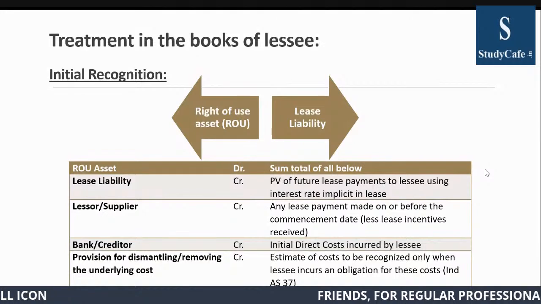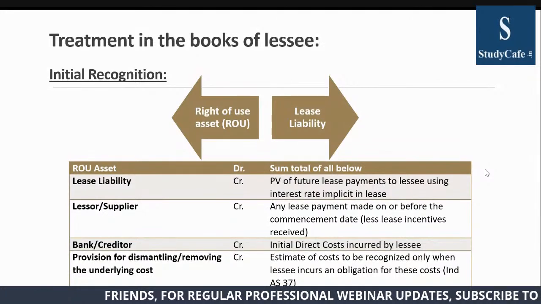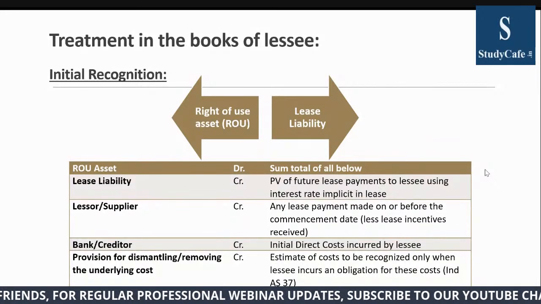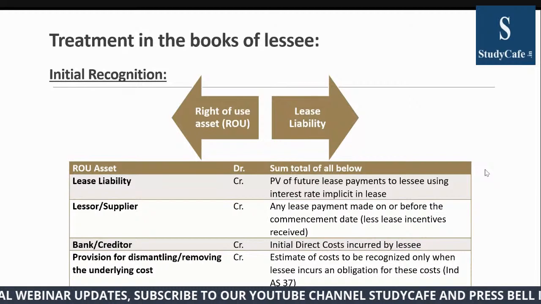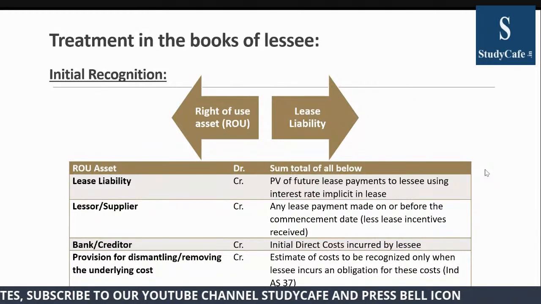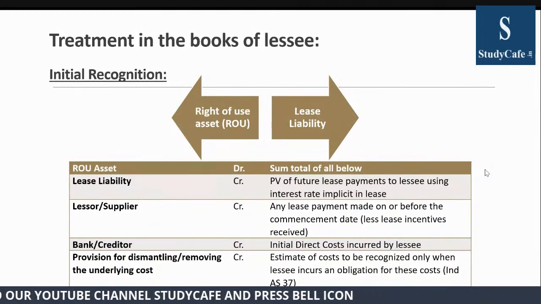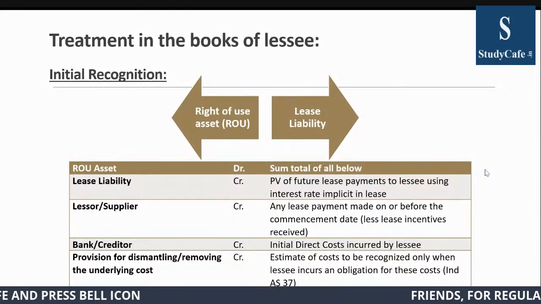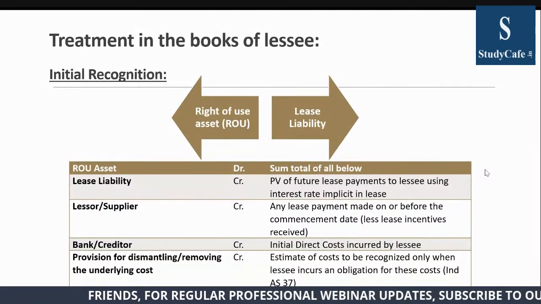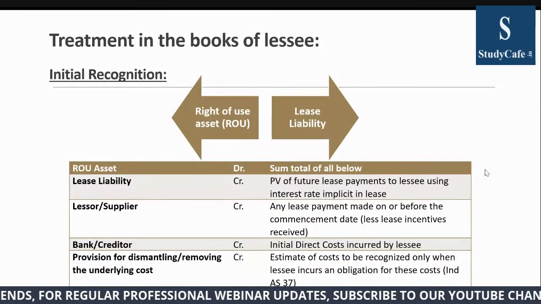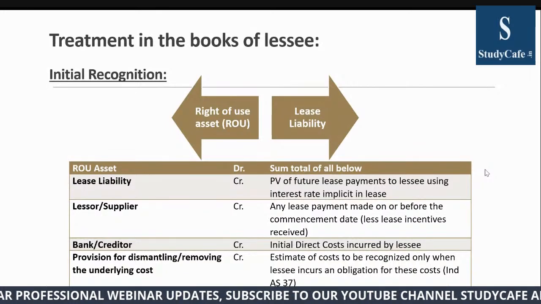Other than this, there is also another part, which is the provision for dismantling or removing the underlying asset. Basically, suppose the company has taken a machinery on lease, and after the expiry of this lease term, the company is required to dismantle that machinery. There will be some cost associated with the dismantling, so that cost is also required to be included in the ROU asset.